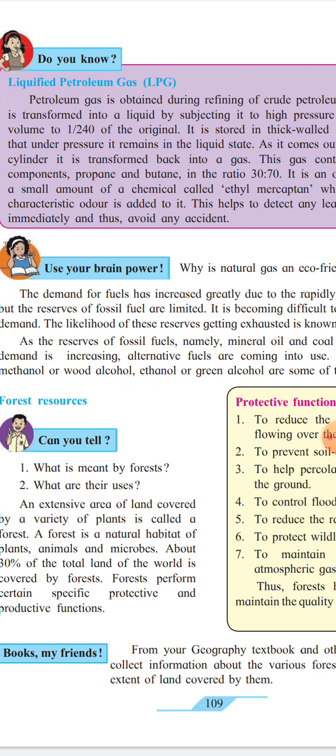As reservoirs of fuels, mainly mineral oil and coal, are limited and the demand is increasing, alternative fuels are coming into use. Hydrogen, biofuels, methanol, wood alcohol, ethanol, or green alcohol are some of the alternative fuels.